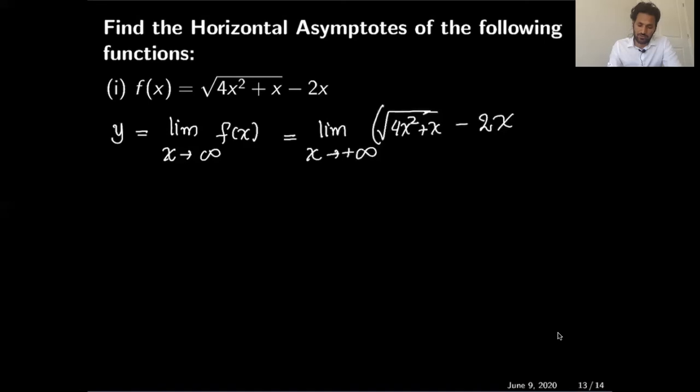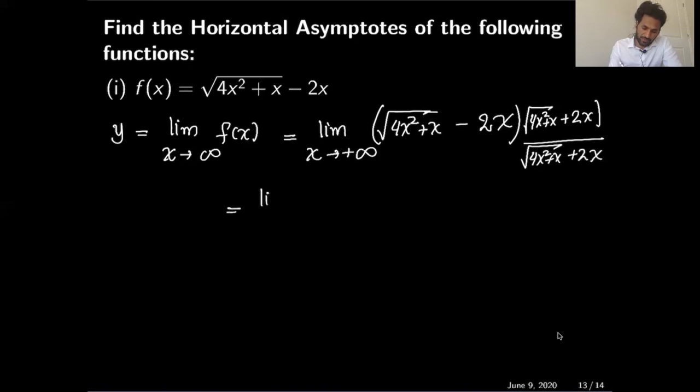So in order to calculate the limit, I have to simplify this function which has a square root, and I will do it by multiplying by its conjugate. The conjugate of this function is when you change the negative sign to a positive sign, and I will multiply and divide by its conjugate.